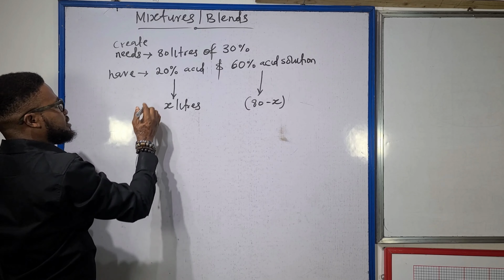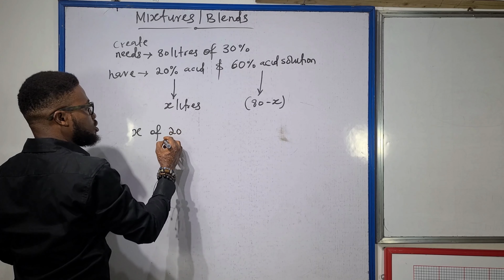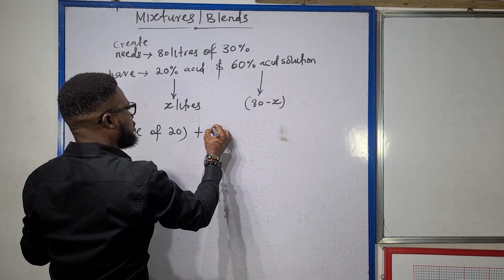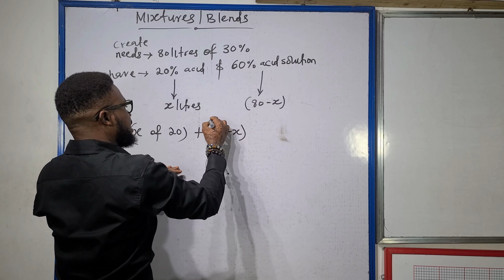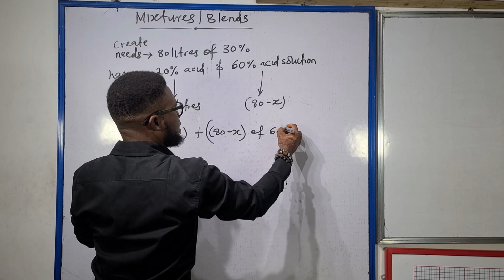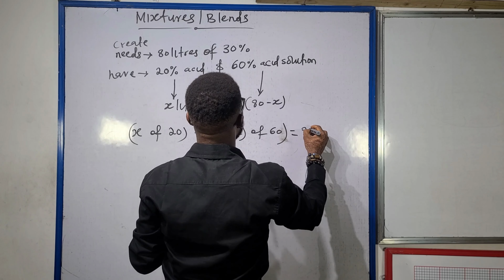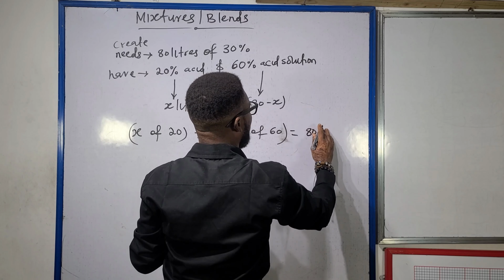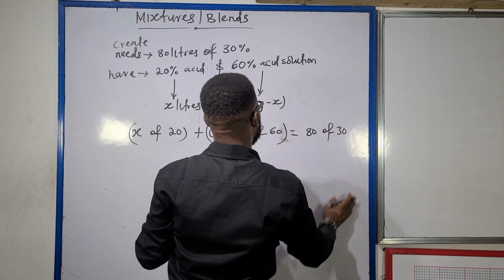In other words, if you take x liters of the 20% solution, and you then add 80 minus x liters of the 60% acid solution, you want to create 80 liters of the 30% acid solution.